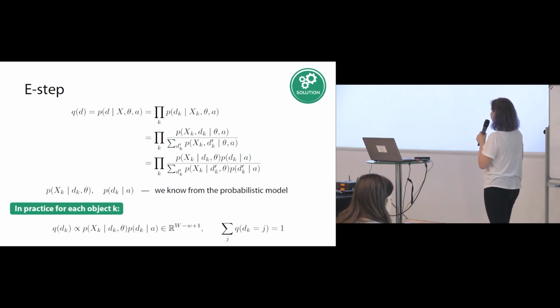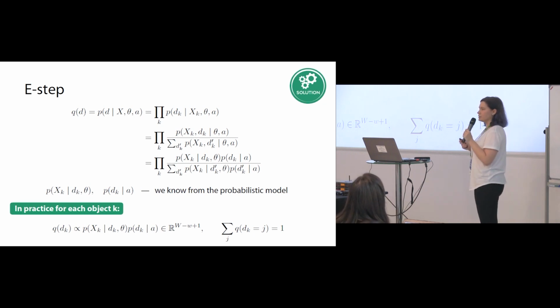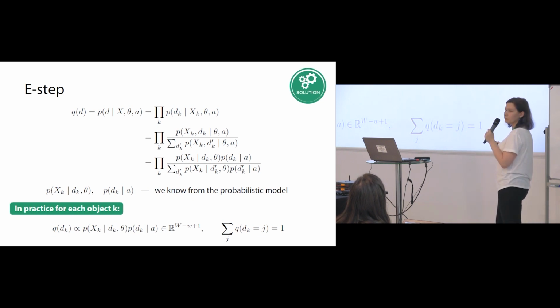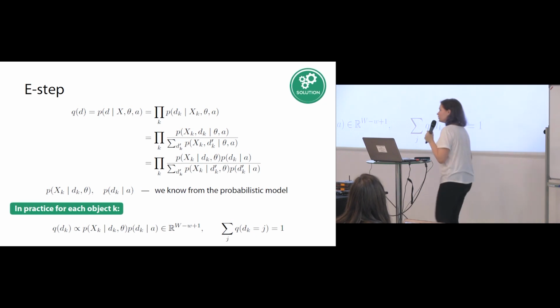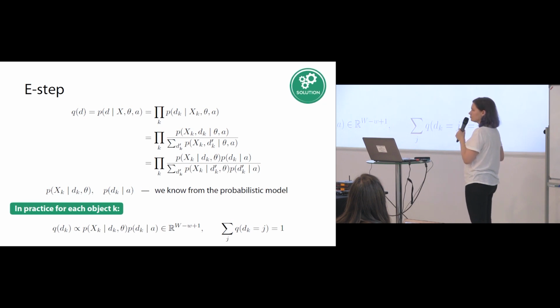In practice, the distribution over dk is a categorical distribution. So you only need to compute the denominator and then normalize it, so that the sum of q of dk equals 1. d prime is simply the index for summation, because we can't have the same index here and here.